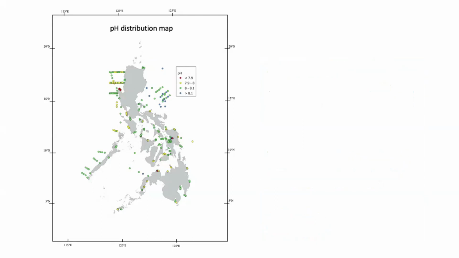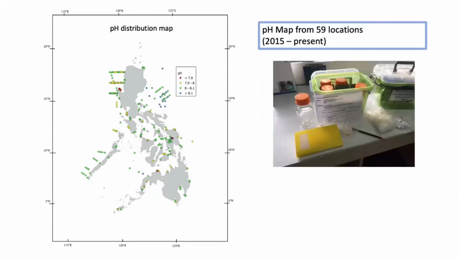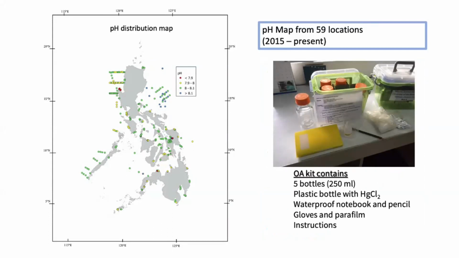To date, we have data from 59 locations all over the country, with many of the samples collected by other researchers from the respective study sites. What we do is send them our OA kits that include bottles, preservative, and everything they will need to collect the sample, plus instructions on what to do and where to collect the samples. After collection, they send the samples back to us.